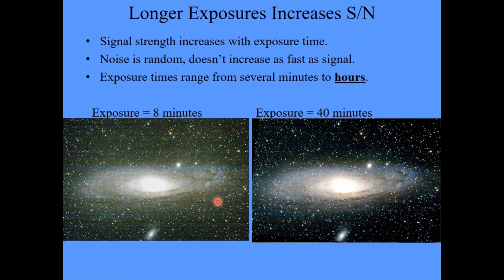It has these streaks or stripes going across the picture. That's due to electronic noise in the rows and columns of pixels. But look at this picture on the right. This is a total exposure time of 40 minutes. The noise from those streaks is basically gone, and notice how much clearer and more detailed the picture is because it has a higher signal to noise ratio.